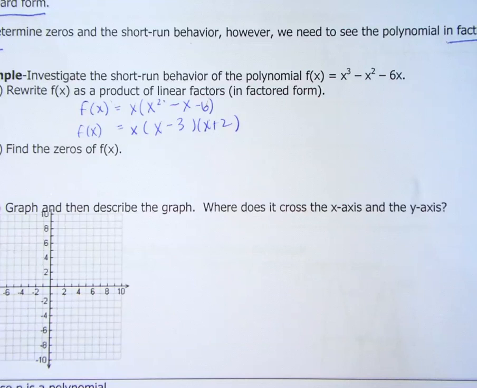If p has a zero at x equals k, then it must have a factor of x minus k. That's something that you should have hit pretty hard in Algebra 2. I know I drill my Algebra 2 classes on going from zeros to factors and vice versa.